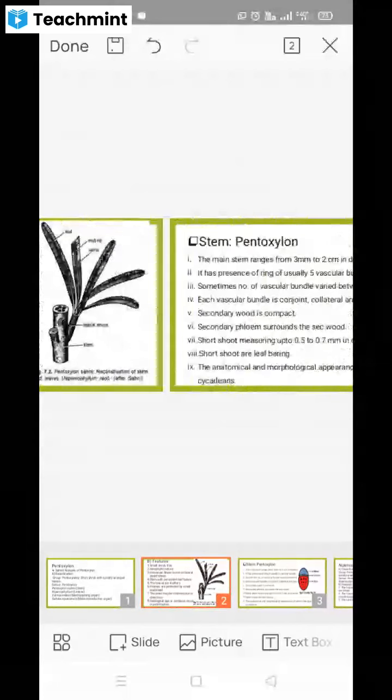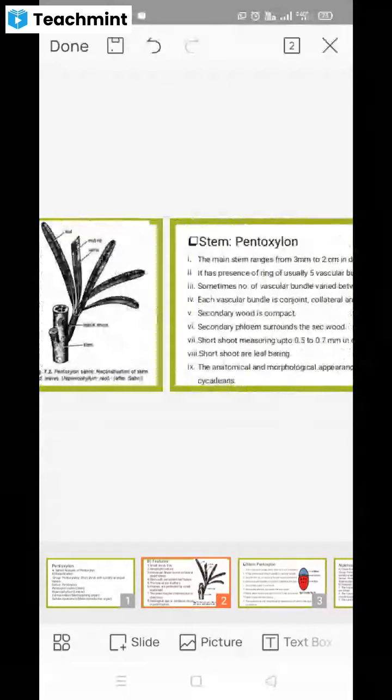I told you the short shoot is the dwarf shoot. On this dwarf shoot the growth is limited, so here a minimum number of leaves are present, and on the unlimited growth shoots we see more leaf arrangement. So the anatomical and morphological appearance of the stem is like the typical cycadians.